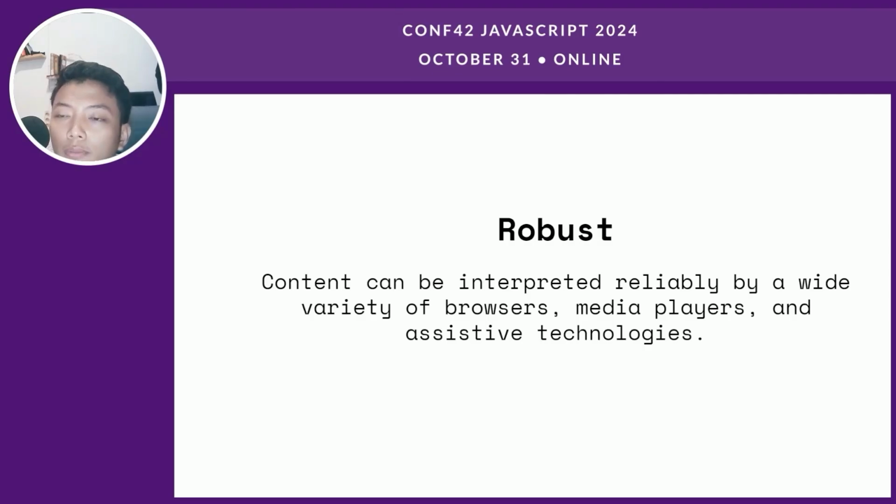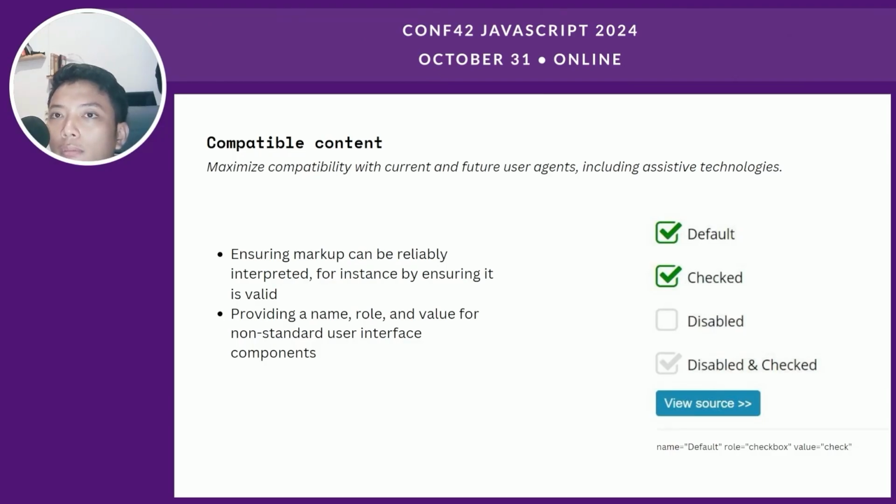And the last but not least is robust. Robust means your website can be accessed on different devices, like a mobile device, smart TV, or your smartwatch, different screen sizes.